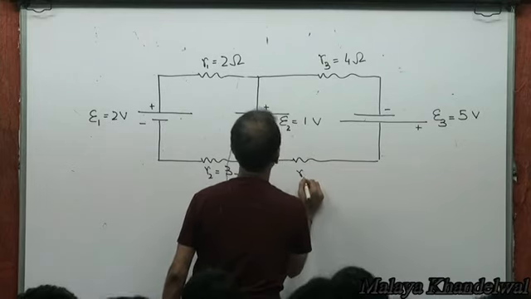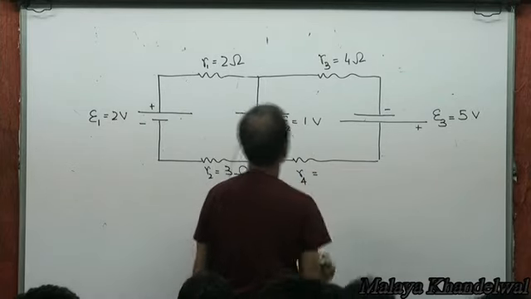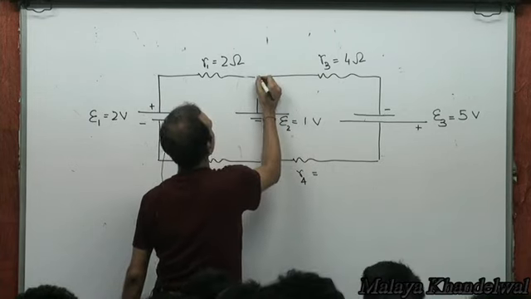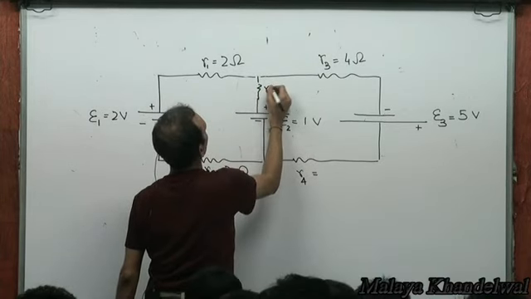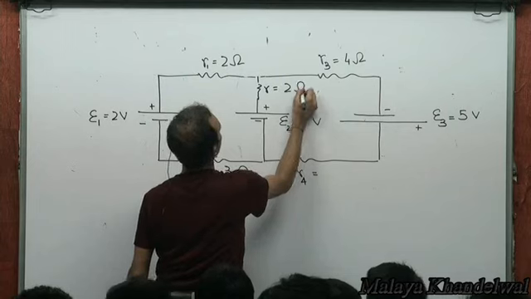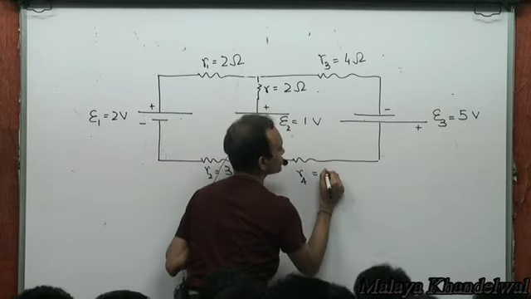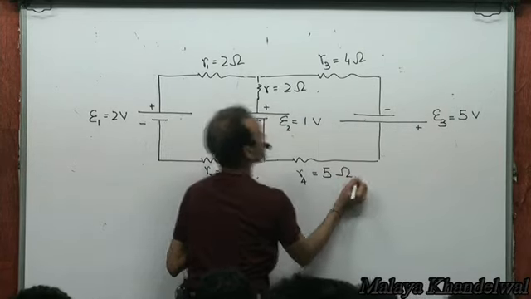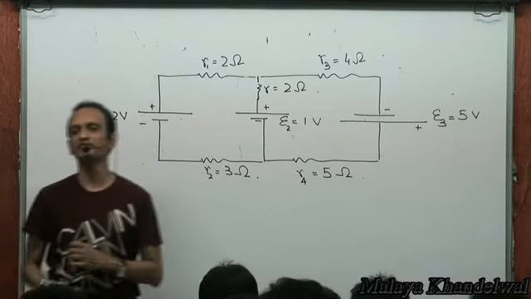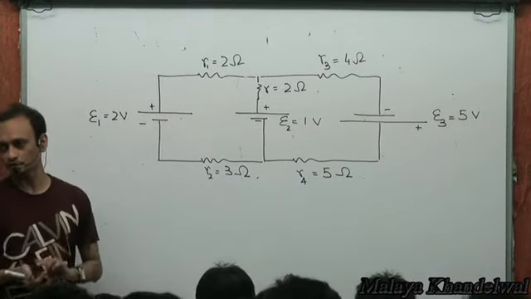Let me have another resistance here, small r equal to 2 ohms, and R4 equal to 5 ohms. Something like this. Suppose we have a network of resistors as shown.